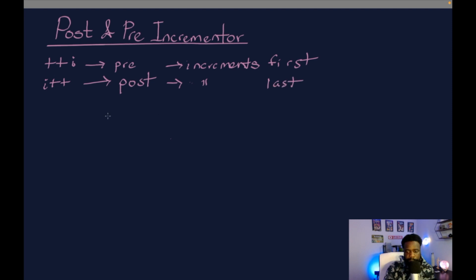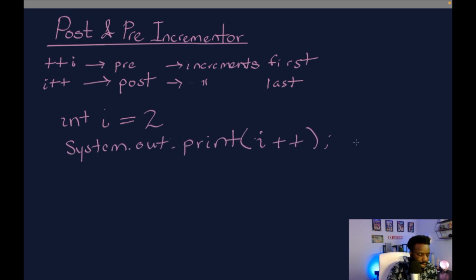All right, so let's just say you have an i, right? You have an i, and then you set it to int i equals 2, right? And then you do something like maybe System.out.print. What do you think the value of that is going to be? It's going to be 2. Right?